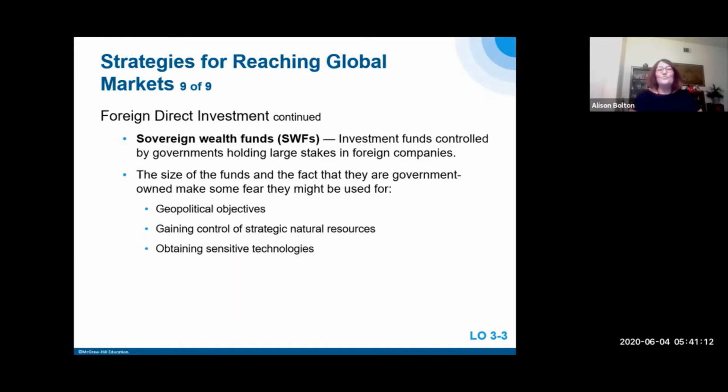Because you want to make sure that they're not used for things like geopolitical objectives, gaining control of strategic national resources, or obtaining sensitive technologies. So there has to be guidelines and requirements implemented in those contracts so that nobody's hurt by these funds that are invested there.